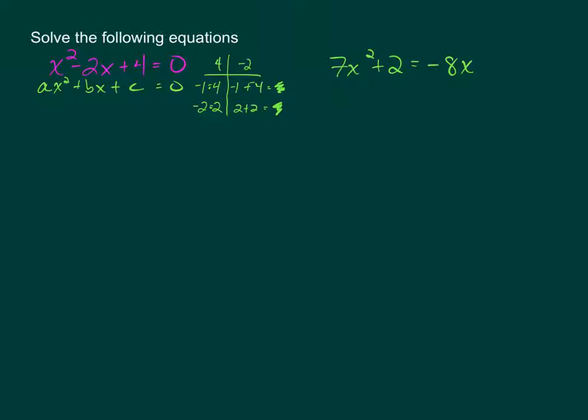Negative 1 plus negative 4 is negative 5. That doesn't match. Negative 2 plus negative 2 is negative 4. That doesn't match. That's it. We've exhausted all of our possible factoring pairs. We can't factor this. So we'll have to use the quadratic formula.